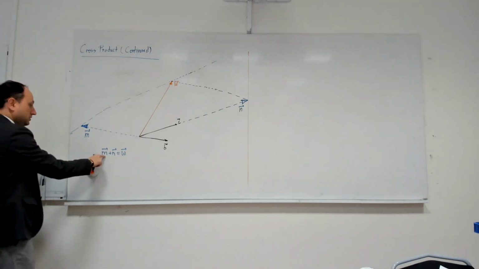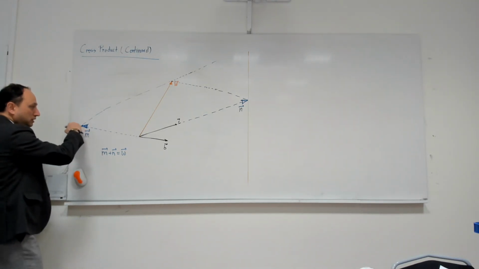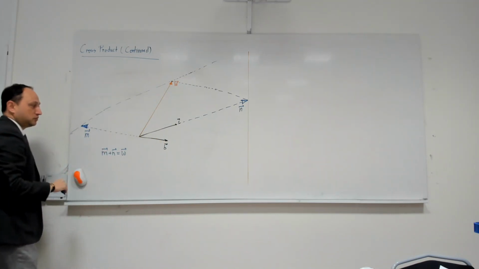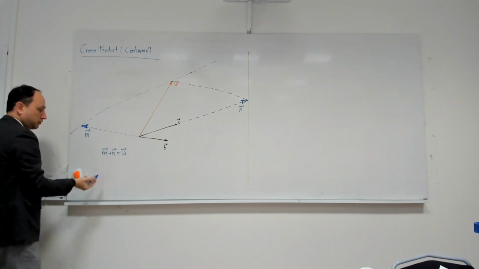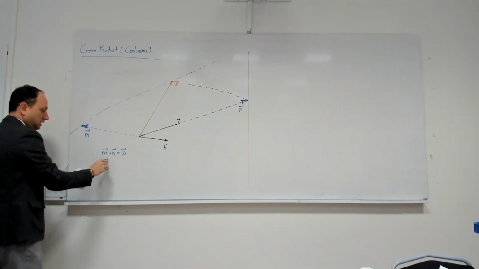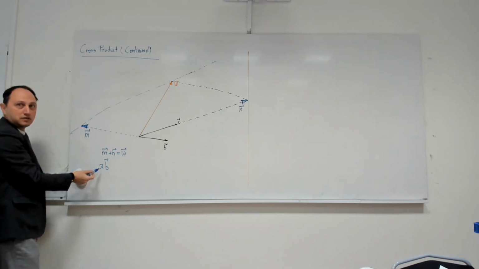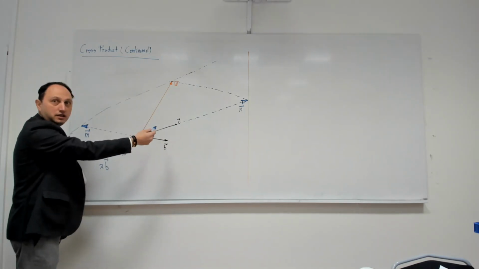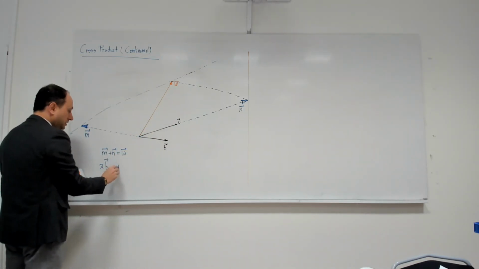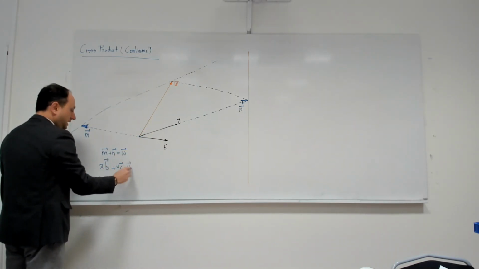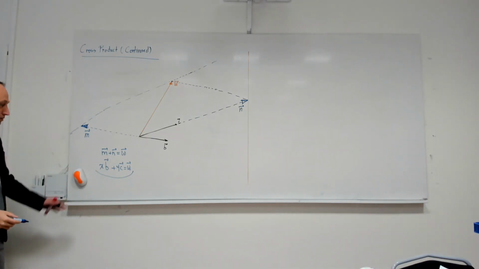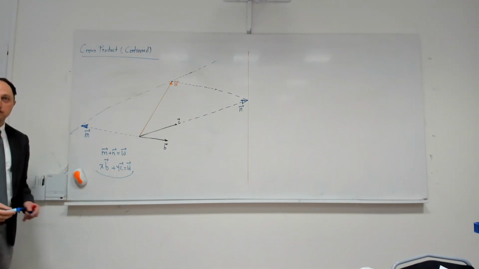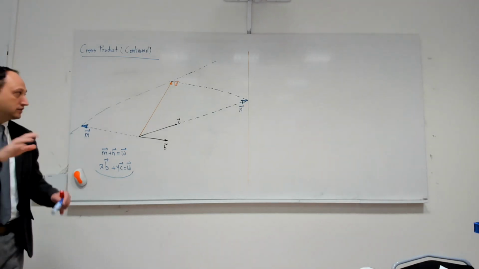Okay? But if I ask you what is m, because m lies on this vector b, it's a multiple of b. Yes? In this case, this multiple is negative. And n, whatever it is, lies on c, so it's a multiple of c. So this means that any vector can be decomposed as a multiple of b plus a multiple of c. Okay, so if you have a vector in that plane.